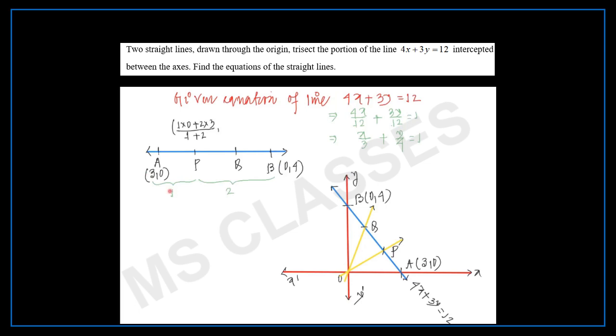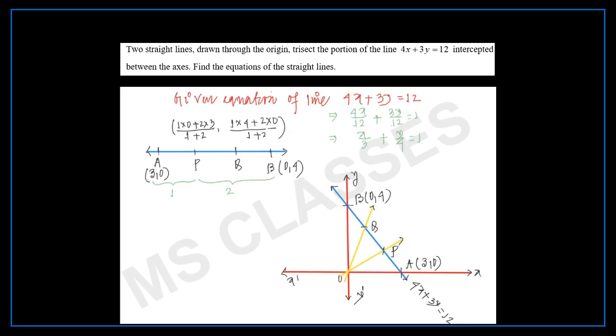And for the y coordinate, that is the ordinate, it is (1 into 4 plus 2 into 0) by (1 plus 2).